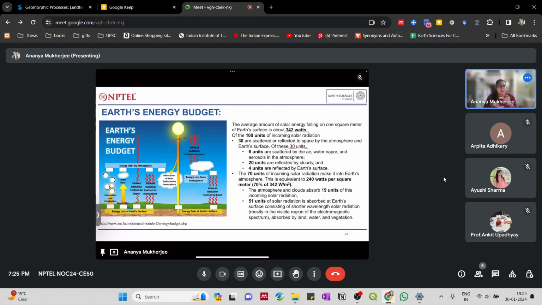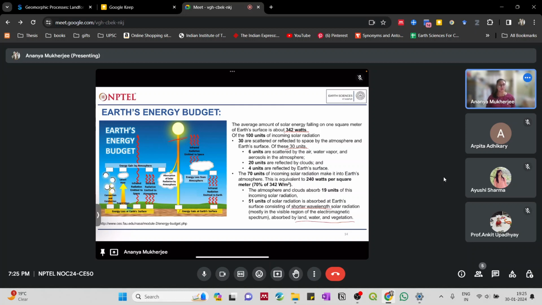Now there is going to be a difference in the kind of absorption that is happening. Different features of the Earth absorb different wavelengths of the energy coming in. As mentioned here, the shorter wavelength solar radiation, the visible range of the electromagnetic spectrum, is absorbed by land, water, and vegetation.